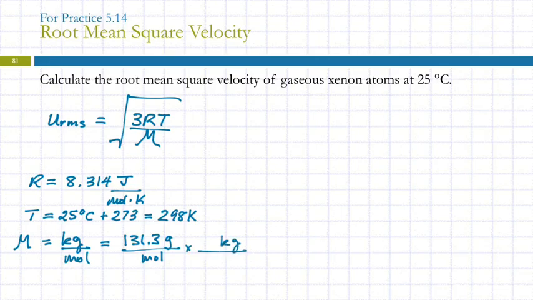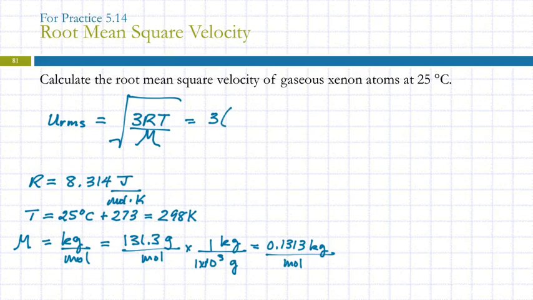If I want kilograms on the top and grams on the bottom, kilo means 10 to the third, so I'm dividing. It's going to be 0.1313 kilograms per mole. So I've got R, I've got T, I've got molar mass in kilograms per mole, and plug them into this equation.